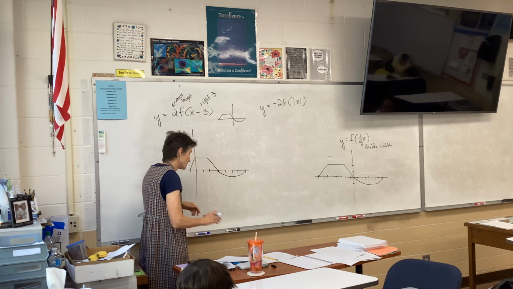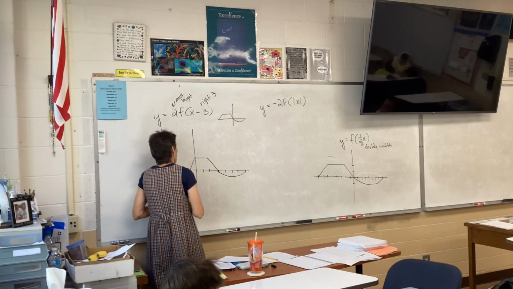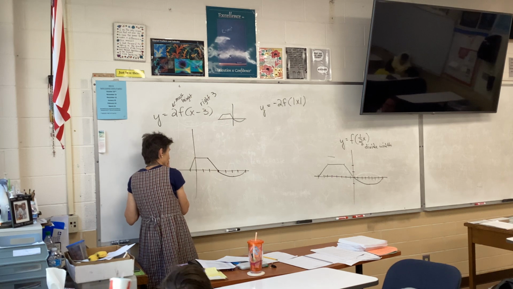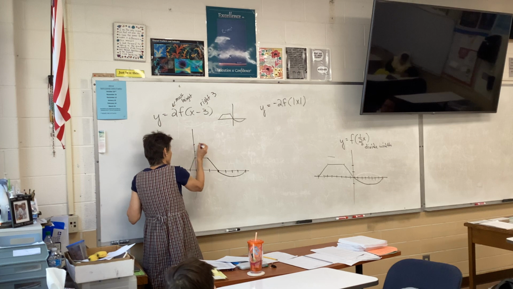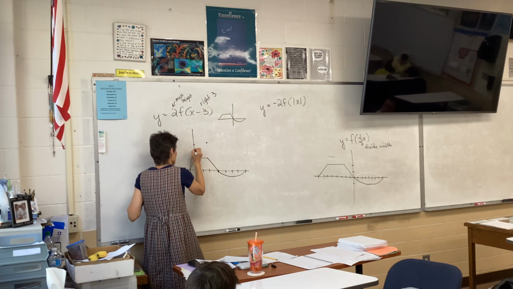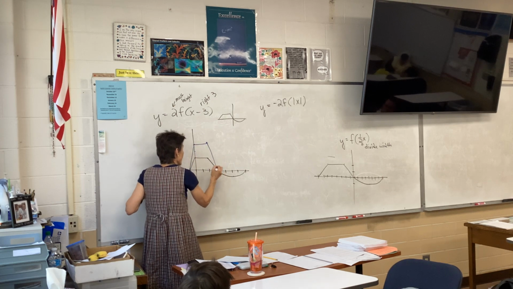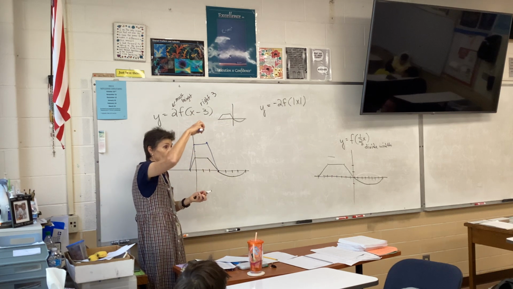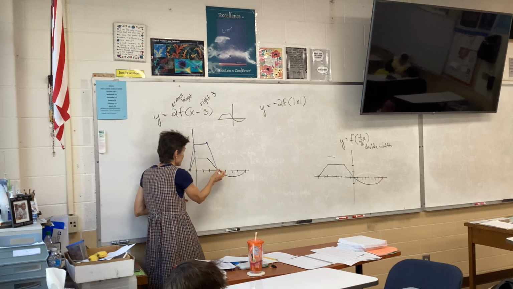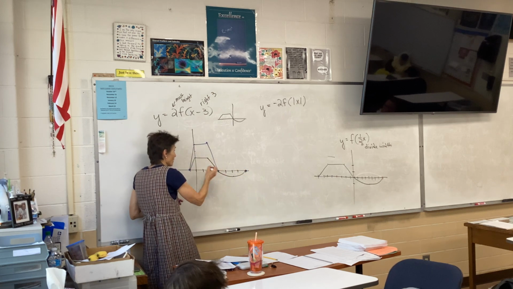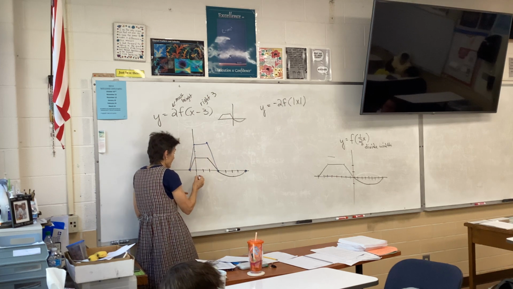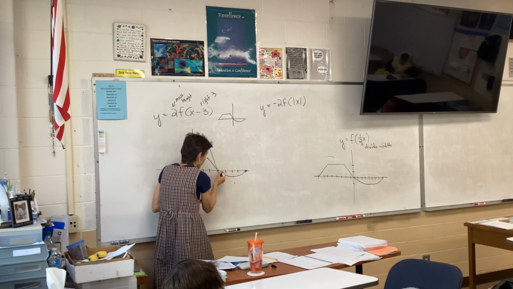Now I've got to make it twice as tall. How tall is the trapezoid to start with? 2. So now he's going to be 4 tall. Notice, that doesn't mean move it up. That means stretch it up. So these 3 points are all going to stay right where they are, and the figure is just going to get taller, and likewise, deeper.